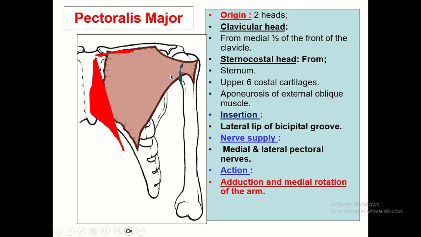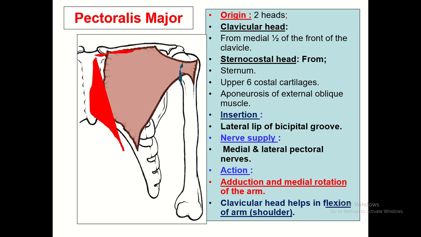So it adducts when it contracts. Remember, a muscle always contracts towards its origin. This is the origin, so it contracts going this way. So it will move the humerus towards the median plane, that is adduction, and then it also rotates the head of the humerus, forming the action called medial rotation.